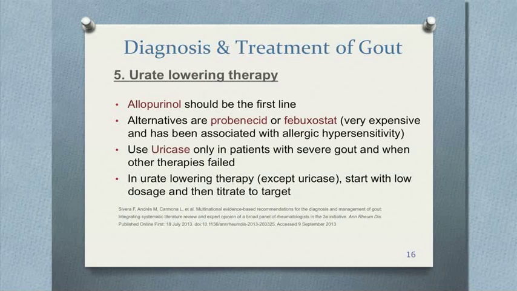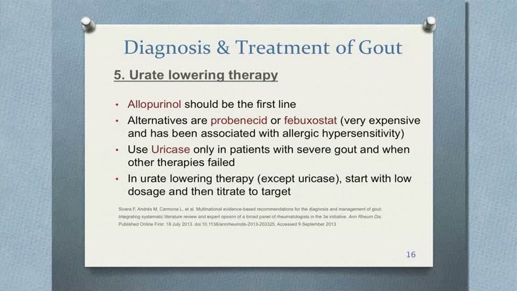Alternatives to allopurinol, and this might be someone who has an allergy to allopurinol, would be probenecid, but with probenecid, they must have normal renal function, or febuxostat. Febuxostat is expensive, and there have been allergic hypersensitivity reactions reported with it.